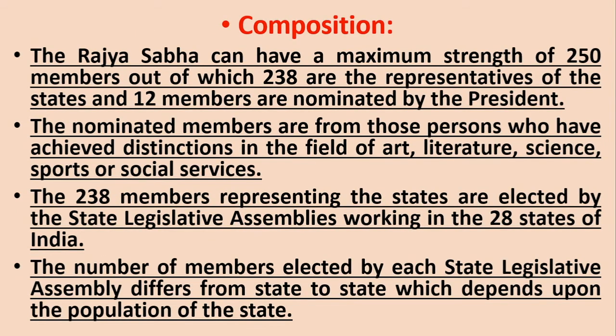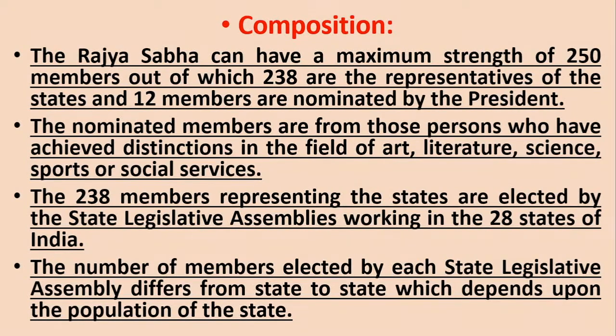Now, I will continue the topic composition. The Rajya Sabha can have a maximum strength of 250 members, out of which 238 are the representatives of the states and 12 members are nominated by the president. Means 238 comes from the states and 12 will not come directly from the states through the state assemblies.